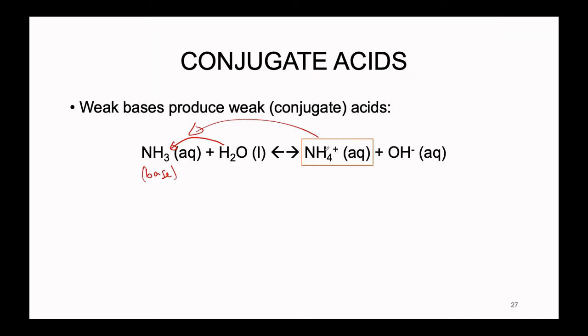Now this ammonium ion is connected to the ammonia because they are only different by one H plus, right? If it has the H plus, it is the weak acid corollary. If it's missing that H plus, it becomes the weak base corollary. But this is what we mean by a conjugate system. A weak base is going to lead to a conjugate acid, and a weak acid is going to lead to a conjugate base. It is the resulting base or the resulting acid from the dissociation in water.